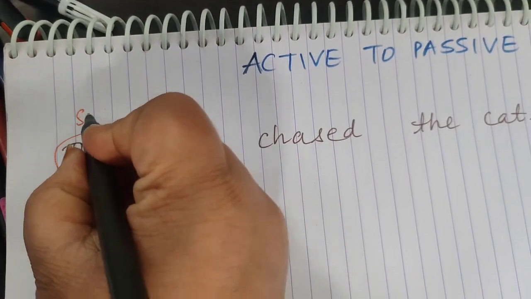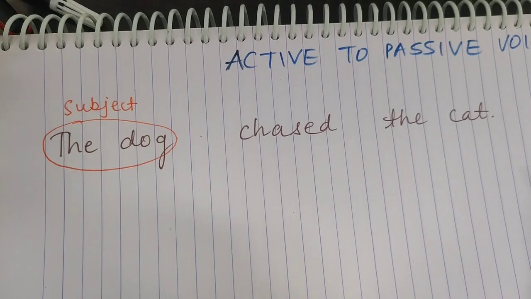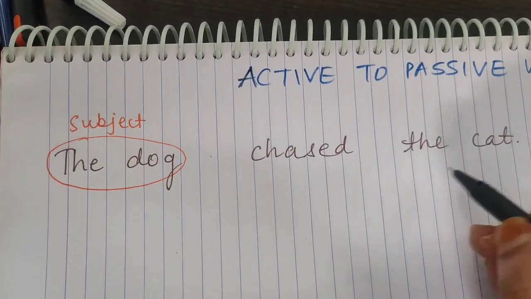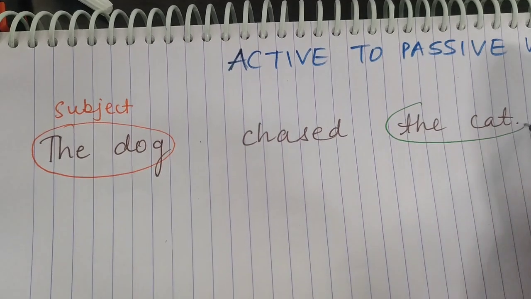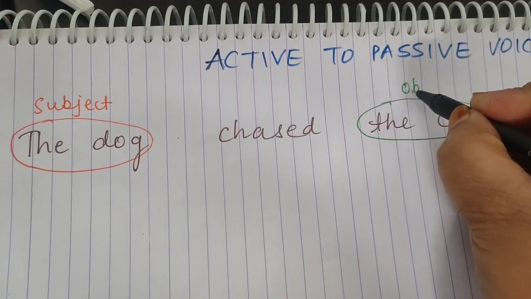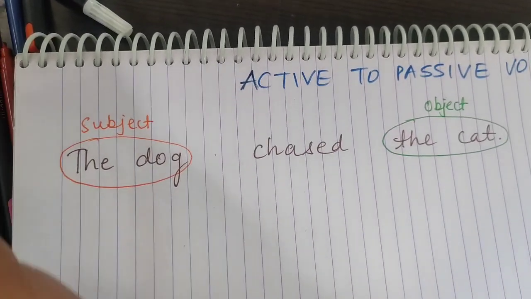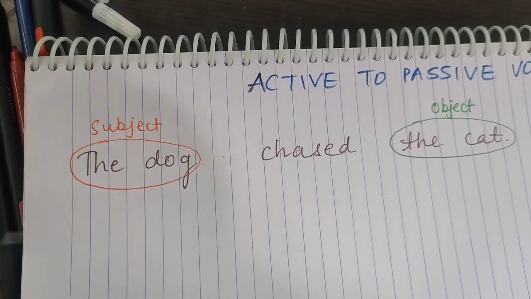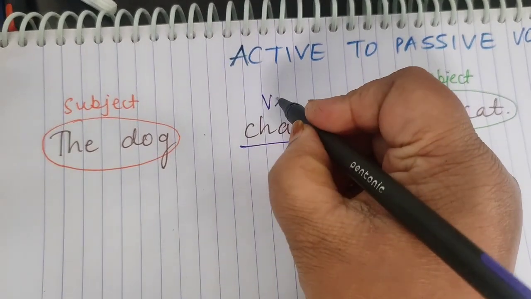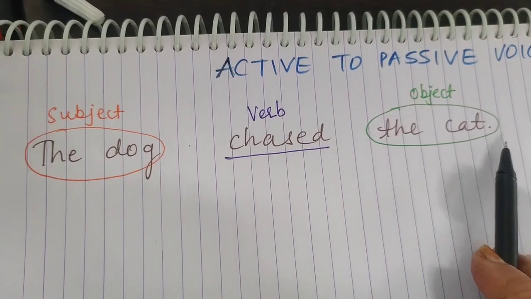Yes, this is your subject. Okay? Then the object over here is the cat. What is this? It is receiving the action, yes or no? So this is your object. And what is this? This is your verb.